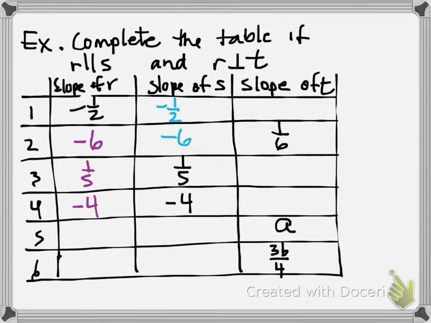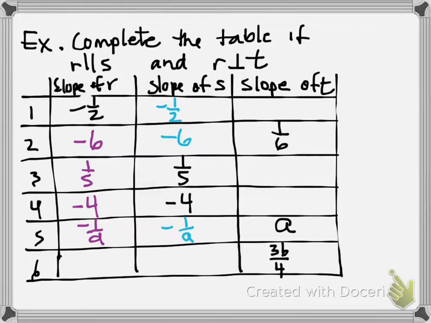If the slope of T is A in number 5, what's the slope of R? -1/A. Oh, that's lousy. This is why you need to make sure that you put your negative sign in the numerator, the best place, because otherwise it looks like one big huge long fraction bar. If I know what the slope of R is, then I know the slope of S. It's also -1/A.